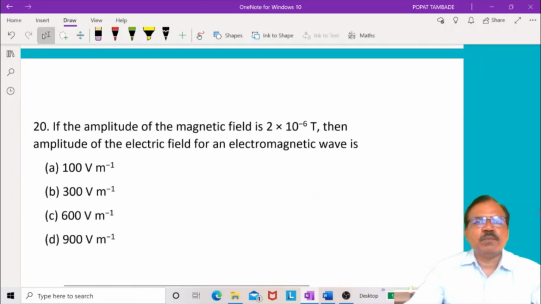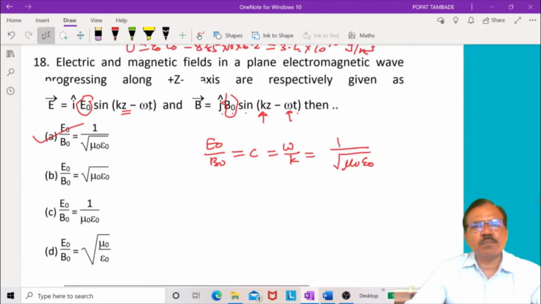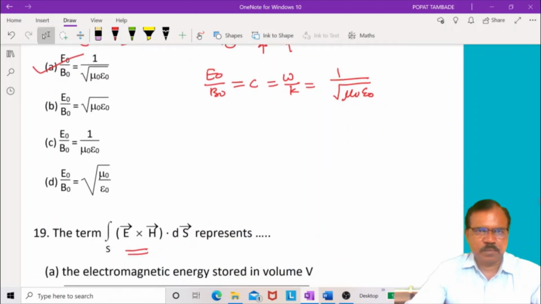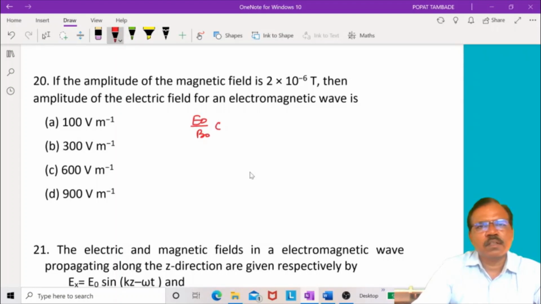If the amplitude of the magnetic field is 2 into 10 raised to minus 6 Tesla, then the amplitude of the electric field for an electromagnetic wave is. Now here we have seen E0 upon B0 is equal to C. So E0 is equal to C into B0.